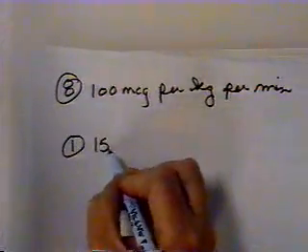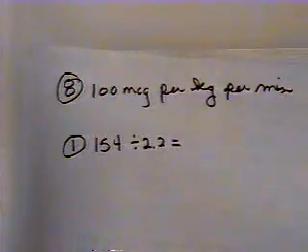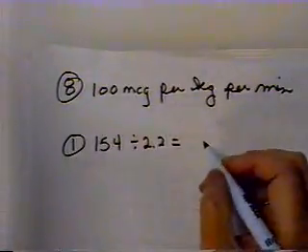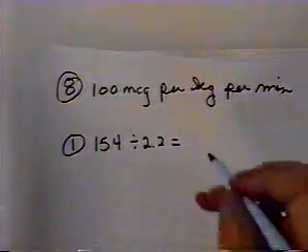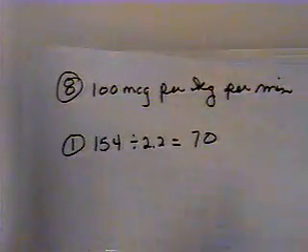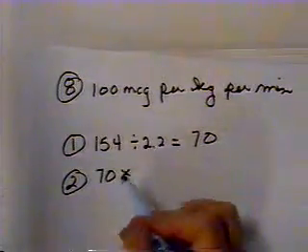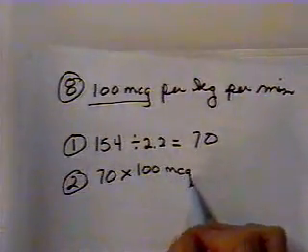You always take pounds divided by 2.2. And then you take the 70 times how much drug I'm supposed to give.